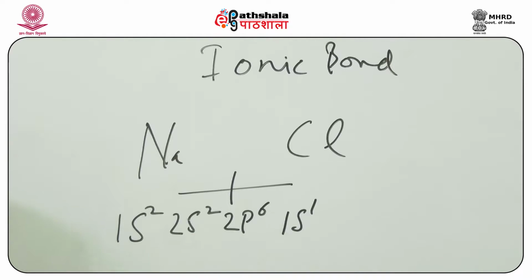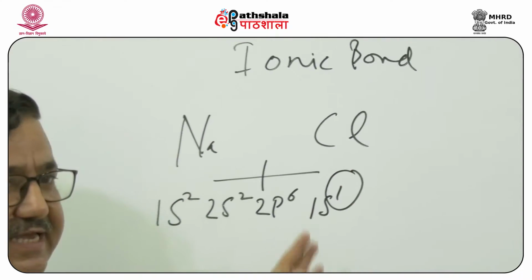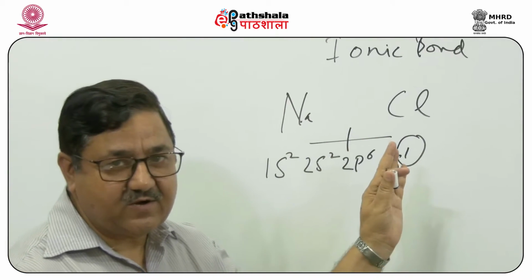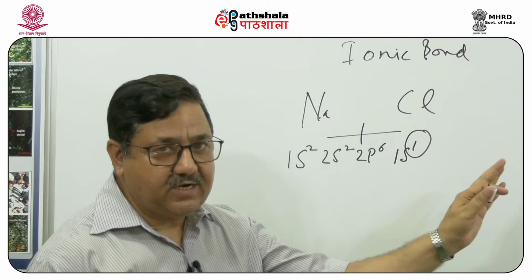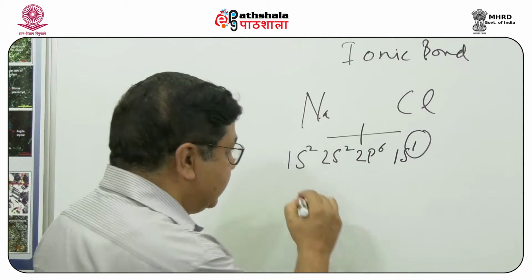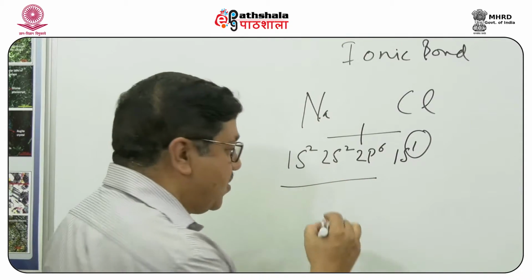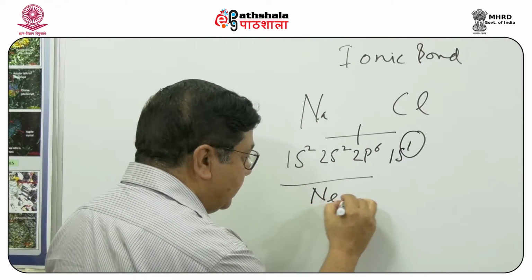A stable configuration can be achieved if this valence electron can be contributed to something else. That will represent a stable configuration of neon.